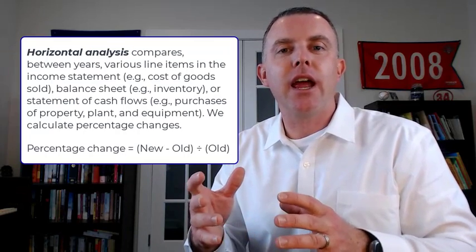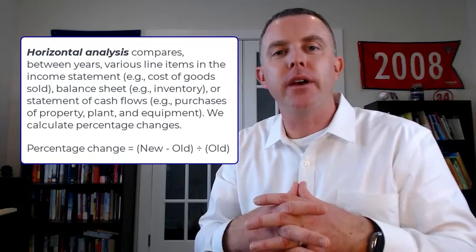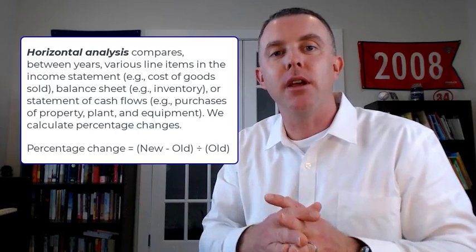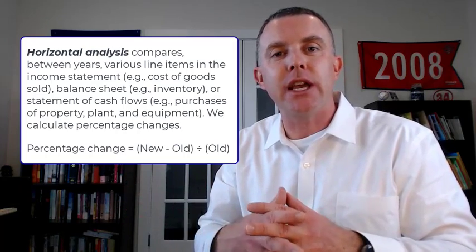For example, we'll look at how a company's property, plant, and equipment asset balance changed from one period to the next, between maybe 2020 and 2021. How did it change? What was the percentage change? And then understanding why that change happened. All right, let's hop over to Excel and I'll walk you through horizontal analysis.